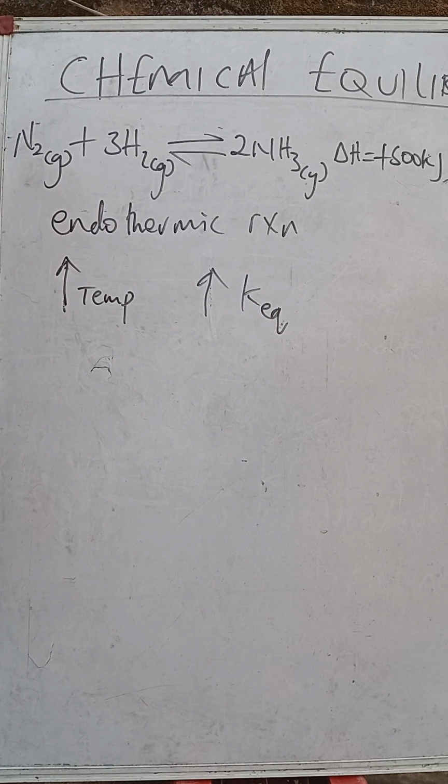So temperature affects the equilibrium constant. Please note that an increase in temperature increases the equilibrium constant for endothermic, while for exothermic it is the opposite: an increase in temperature decreases the equilibrium constant.